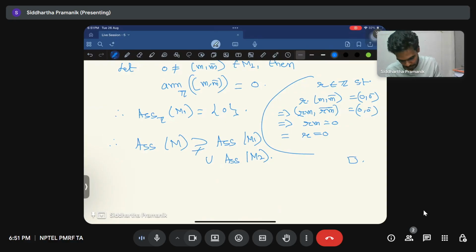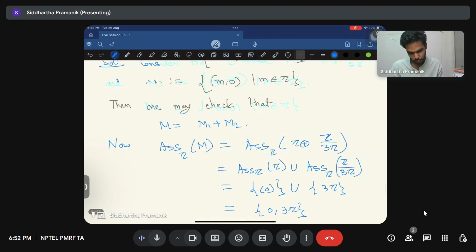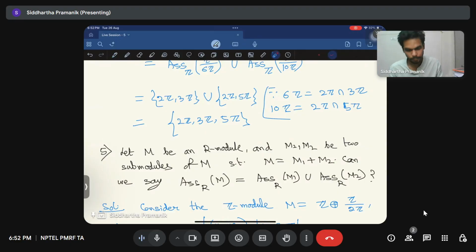So the answer is no. We may not get equality in every case. So this equality may not happen.